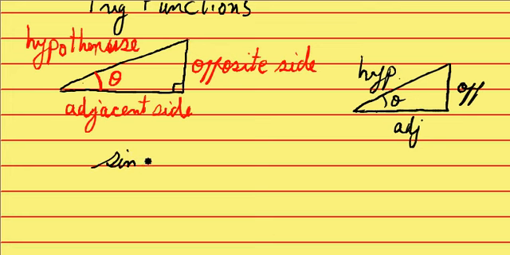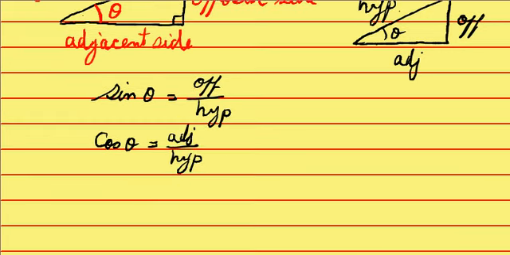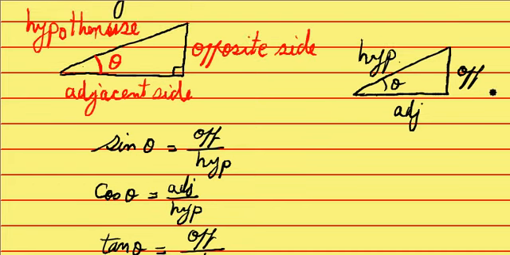You remember that sine of an angle is a ratio of what? It's going to be the ratio of the opposite to the hypotenuse. And then we have cosine of an angle, which is going to be the ratio of adjacent to hypotenuse. And then we have, of course, tangent of an angle, which is going to be the ratio of its opposite divided by its adjacent. And the reciprocals of all of these things have names also.